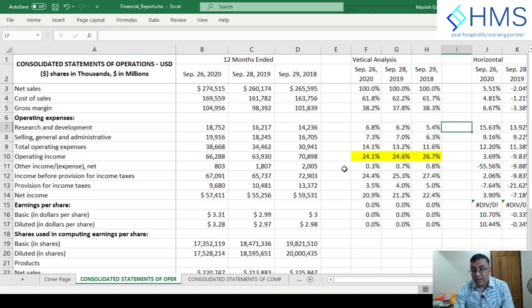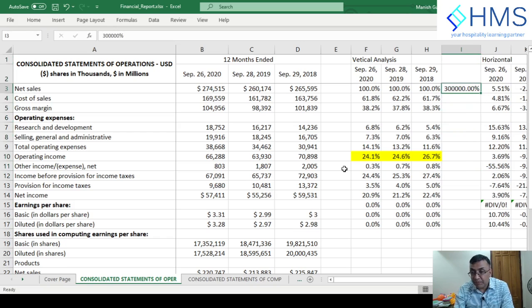Let's say you can say that next year the company's total sales can be $300 billion. So you can actually build the profit and loss statement for the company based on this information.